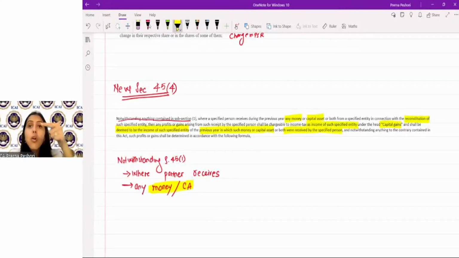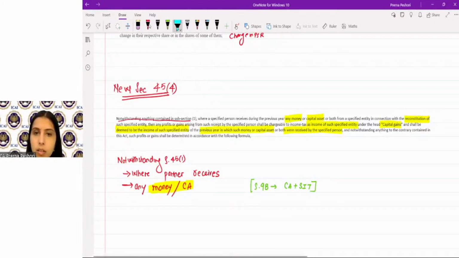Capital asset or stock in trade. Section 9B covered capital asset plus stock in trade. 45.4 is covering money plus capital asset. What is common over here? Capital asset. Right? Your money is not covered under 9B, and in 45.4 the stock in trade is not covered.